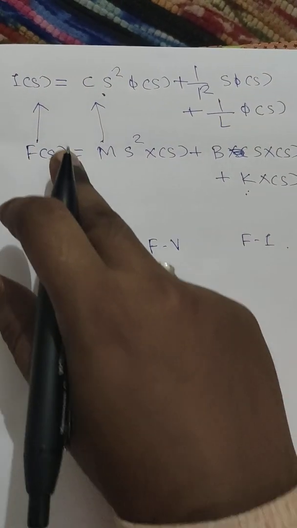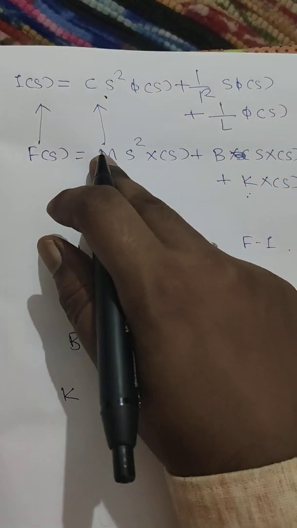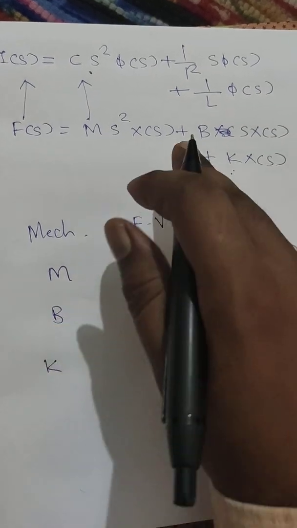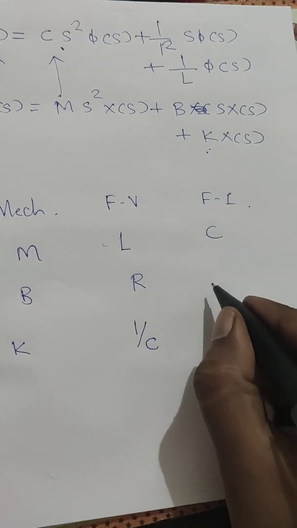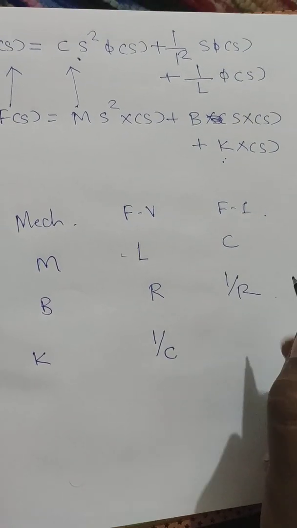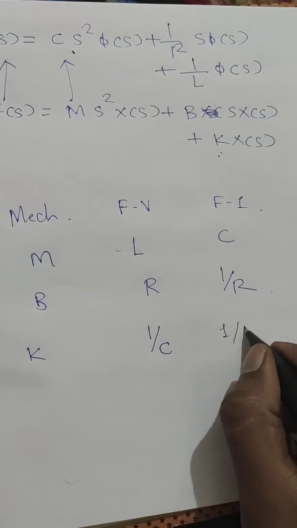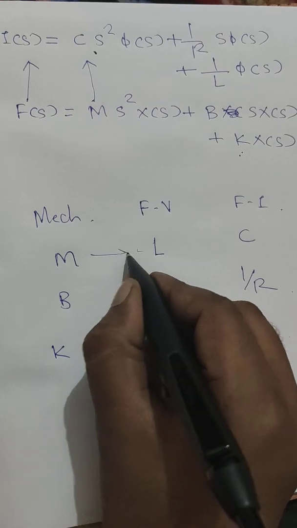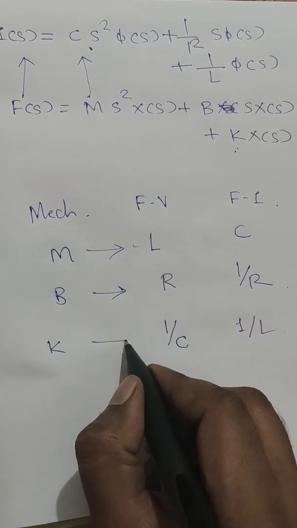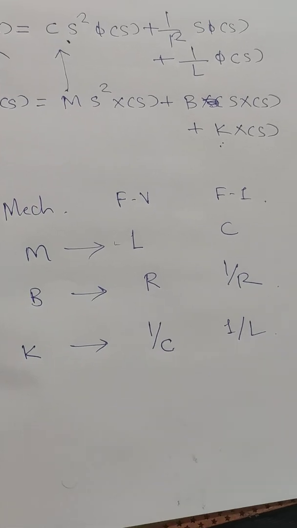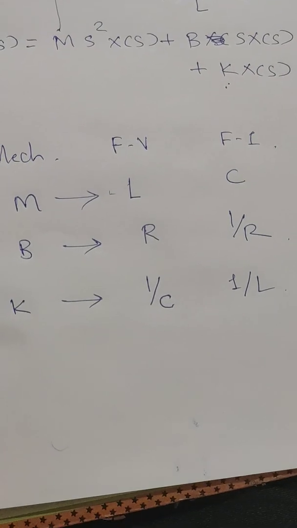And for the force current analogy, mass is analogous to capacitance, friction B is analogous to 1 upon resistance, and spring constant K is analogous to 1 upon inductance. So this is the analogy for mechanical systems and electrical systems using force voltage analogy and force current analogy.